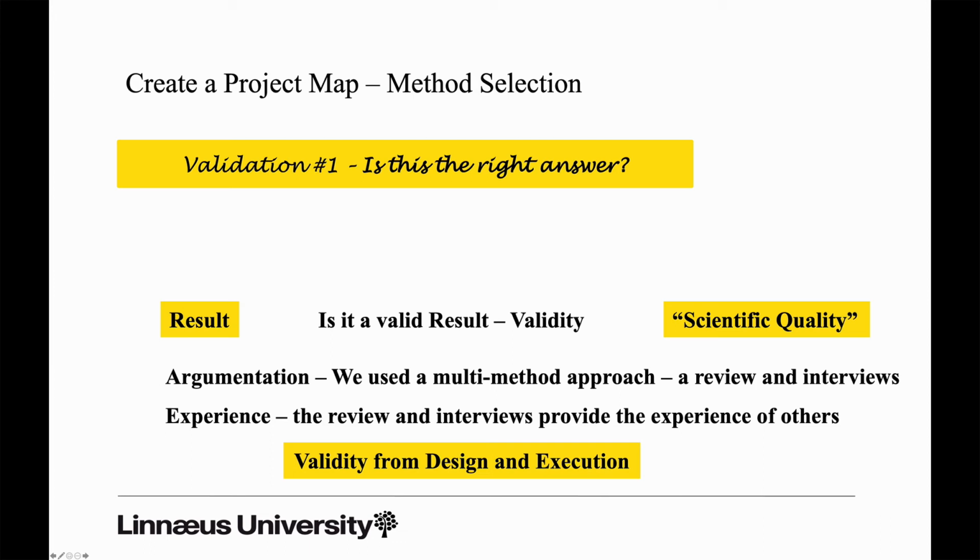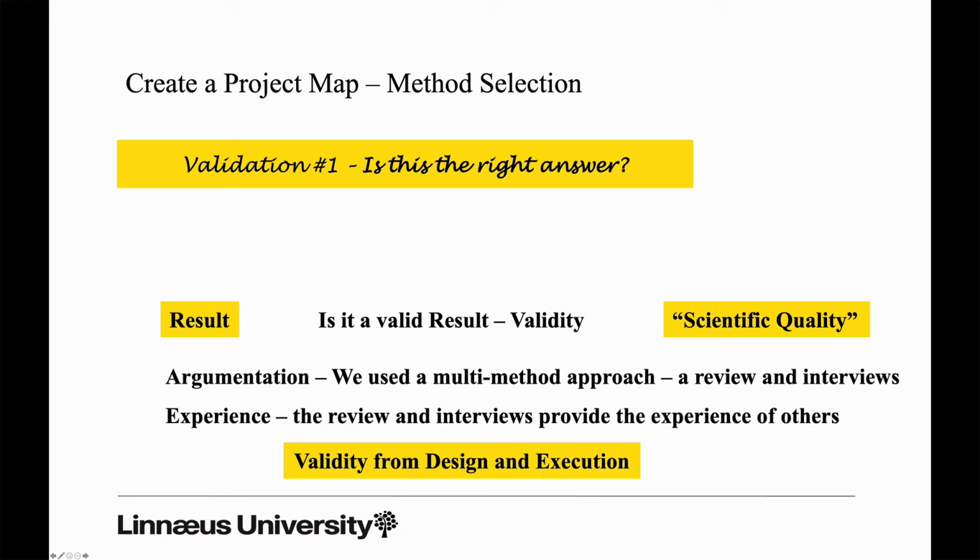So what you can do with the validity of your results, well, you can argue. For instance, if you use both literature and interviews, you can argue that this multi-method approach is some kind of, not triangulation, but you at least have 2 data sets, different data sets for the state of practice and the state of research. You can also argue that this is based on experience.